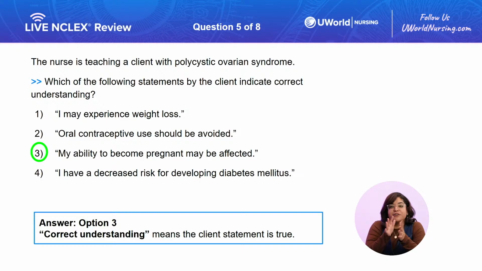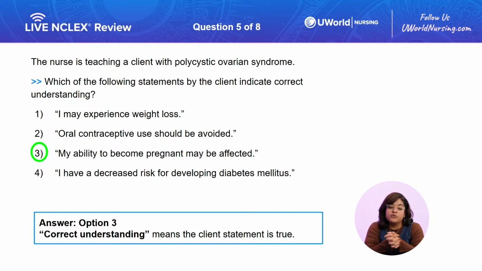All right, so the correct answer is going to be option 3. My ability to become pregnant may be affected. So this indicates that the client is understanding polycystic ovarian syndrome. It's a hormonal disorder characterized by polycystic ovaries on the ultrasonography and hyperandrogenism, which is excess androgens, which can be seen like excess hair growth, for example.